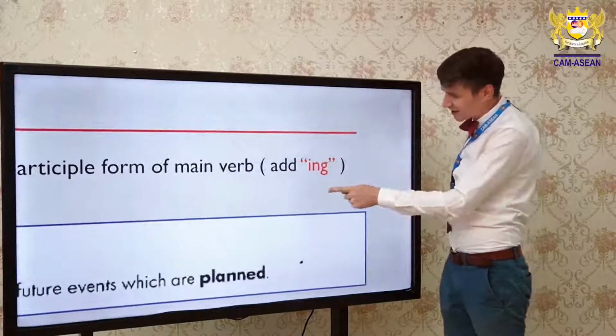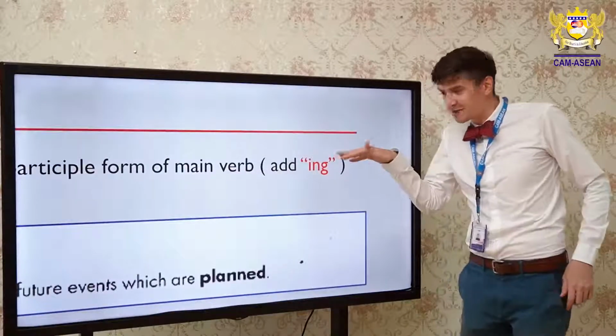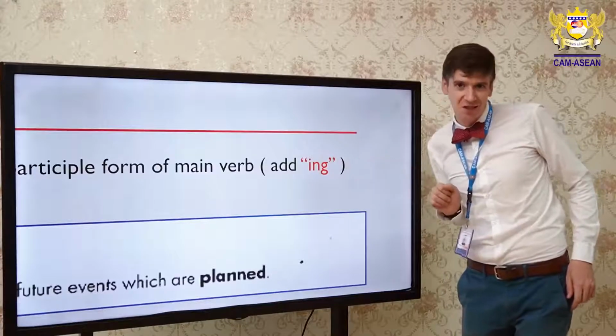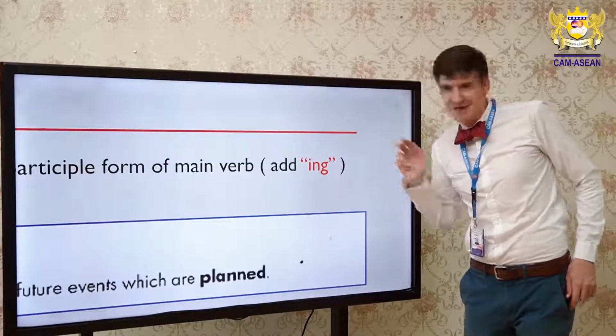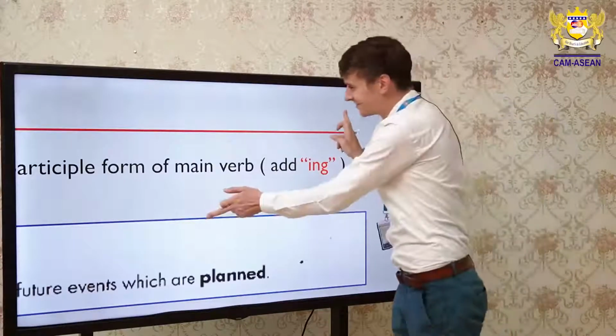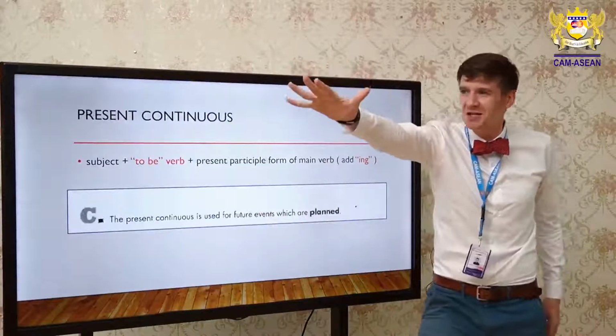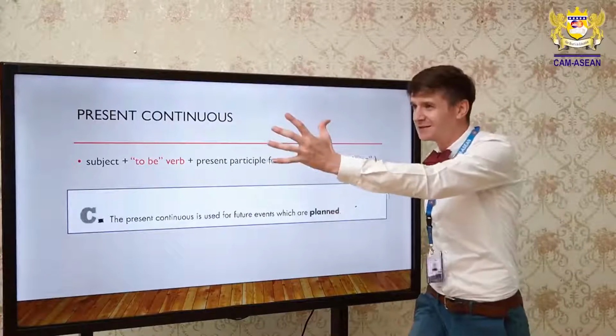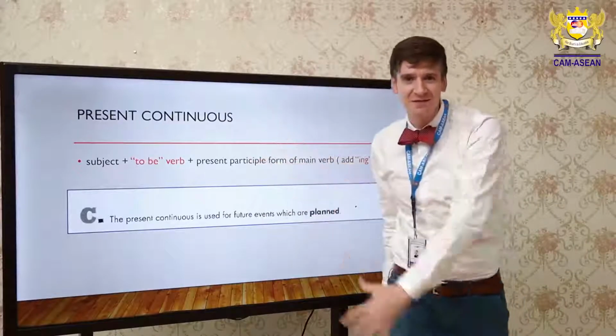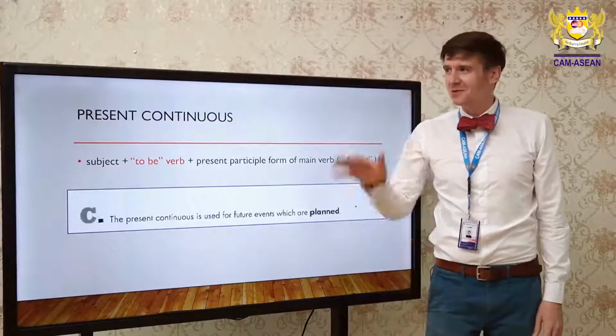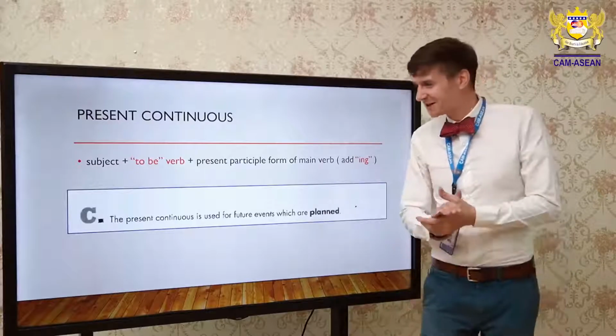This is the main ingredient right here. This is the secret ingredient to continuous tense. It's the ing. We can see a continuous tense from a mile away, or a kilometer away over here.